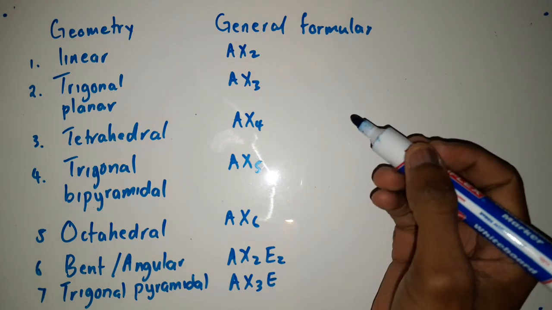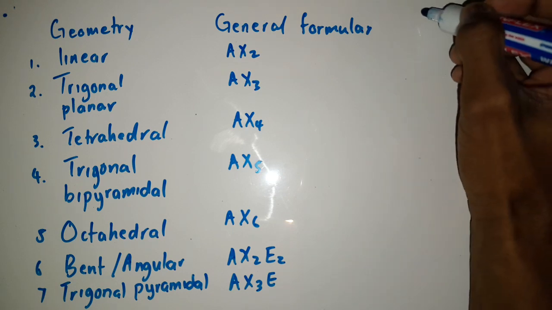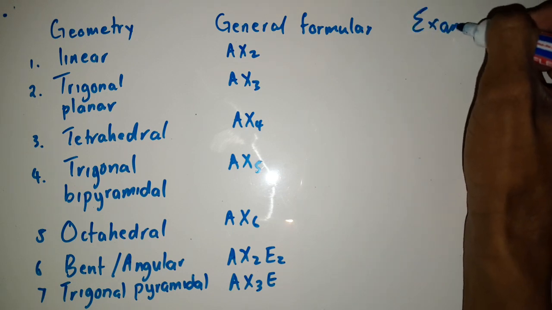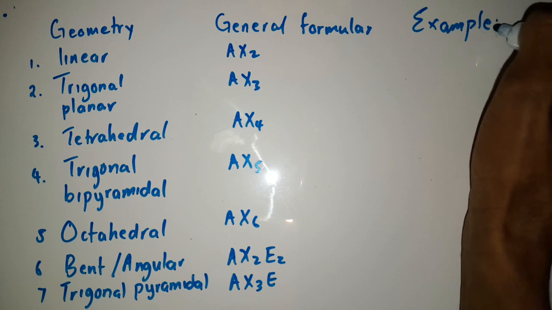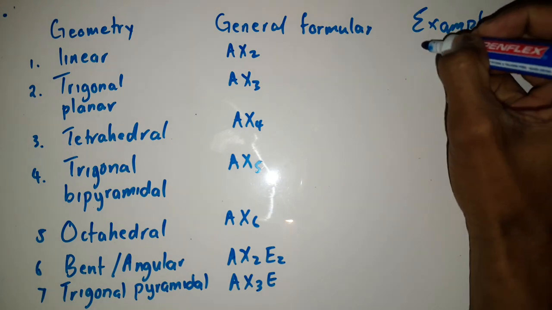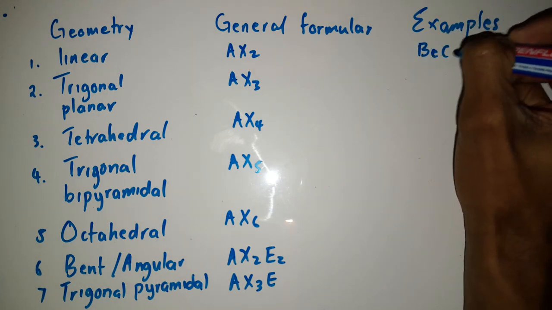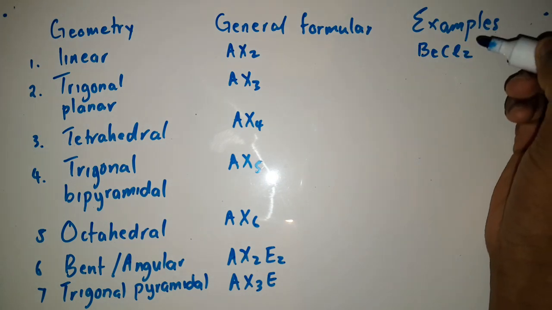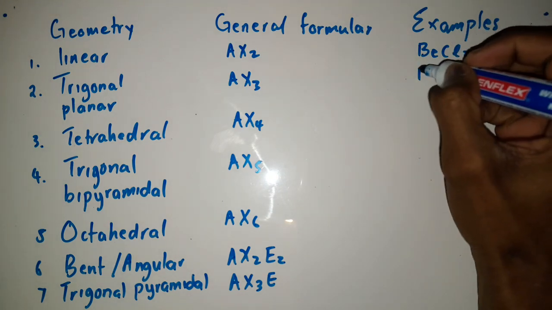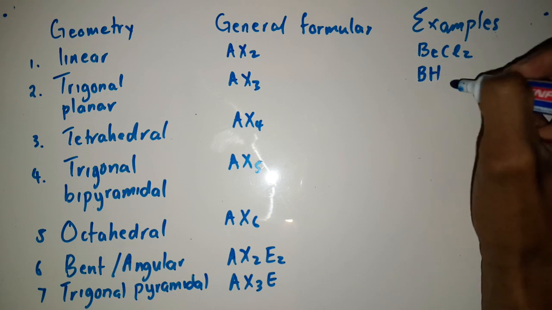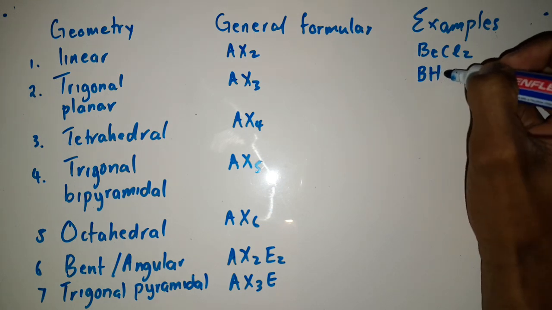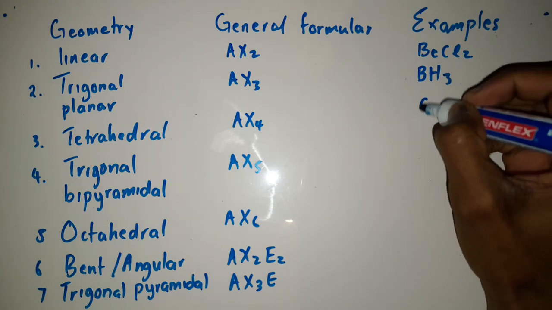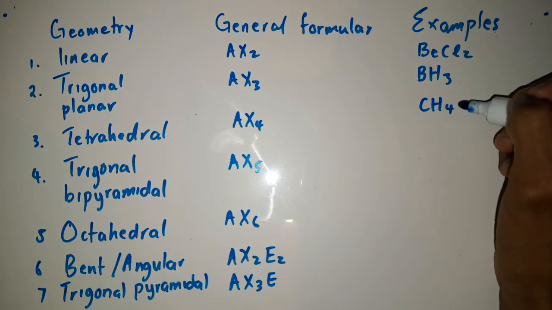Then I also gave you some examples. We said this one can be BeCl2, beryllium chloride. This one can be boron trihydride, like this. Then somewhere here we have methane.